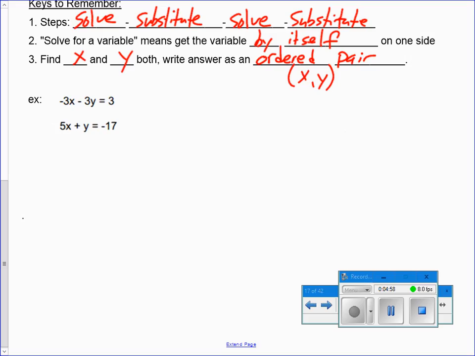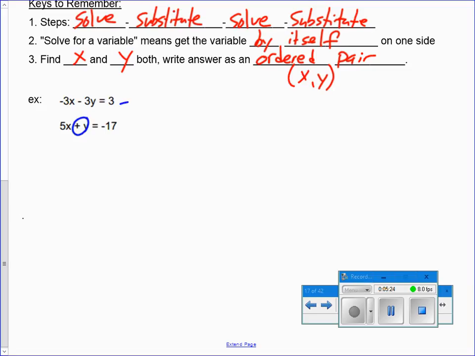So here's our example here. Negative 3x minus 3y equals 3, and 5x plus y equals negative 17. The way to make this the least amount of work is to find the easiest variable to solve for. So if I'm looking for the easiest variable to solve for, I look for one that maybe doesn't have a coefficient or is already pretty close to being by itself.